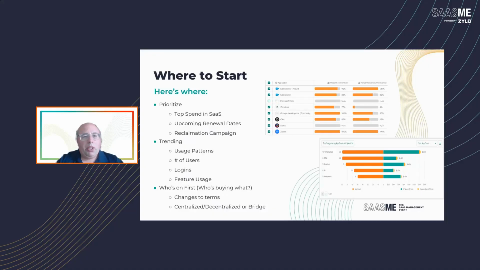So I try to prioritize and be a little bit more fluid in the process. For example, I might start off by looking at SaaS applications that are the top 10 spend within the company, or top 10% spend in the company, and start my research and my data analysis there, right?